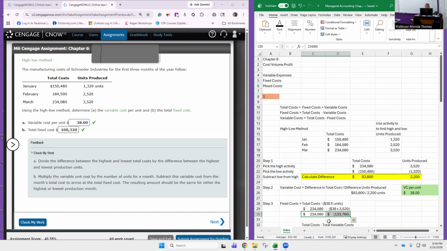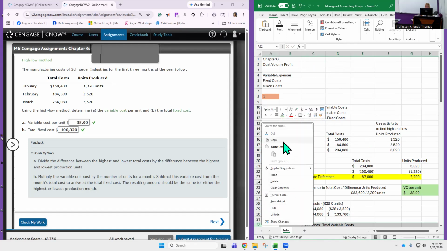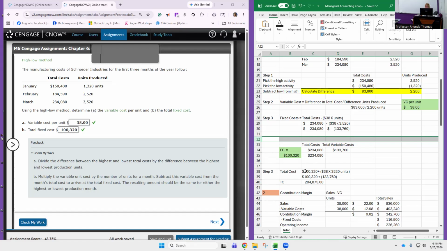Okay, and now when we subtract, we can find the fixed costs. Okay, so now we want to isolate the fixed costs, and that's what we're doing here.